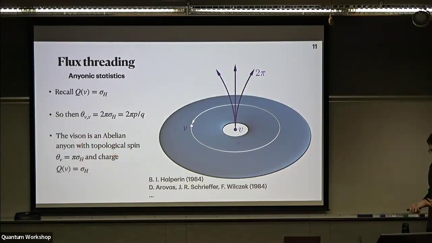And from the facts that I told you here, it is possible to prove, although there is one step that is a little tricky, and Kapustin and others have worked on it, that the vison is an abelian anyon, which has topological spin given by π times σH, and it has charge given by σH. So we know this anyon is in our theory just because we have σH.